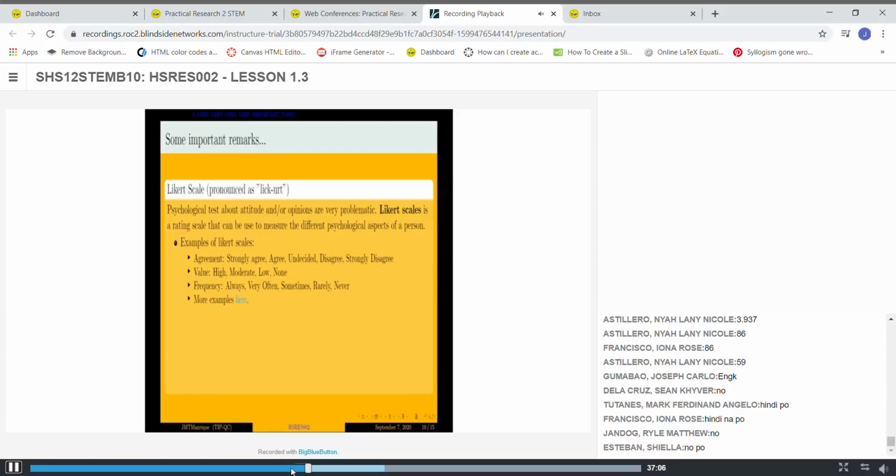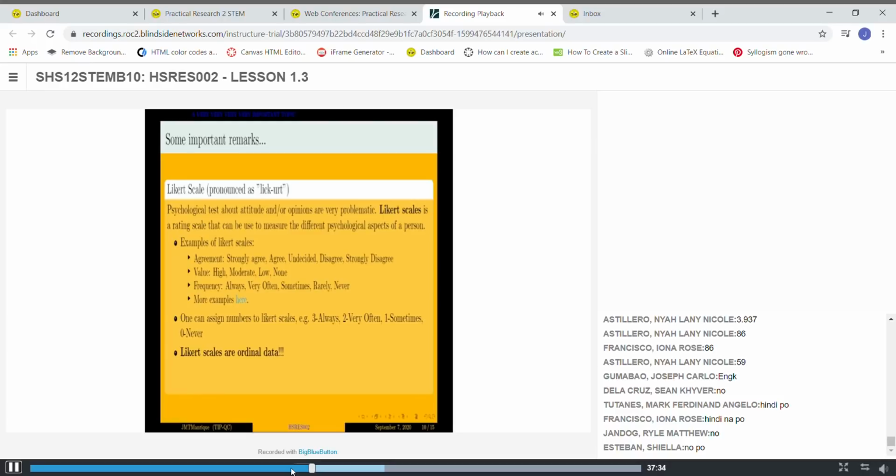Now, we can also assign numbers sa bawat scale ng Likert scale. Halimbawa, in frequency, I will assign 3 to always, and then 2 for very often, 1 for sometimes, and 0 naman kapag never. So dito na nagsisimula yung problema.